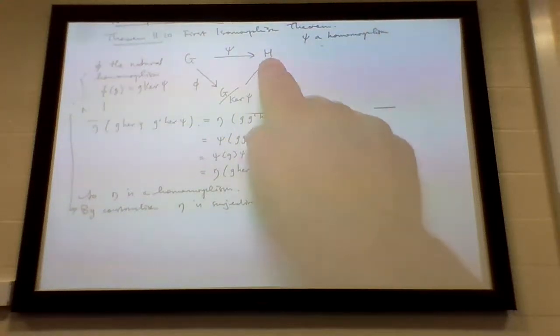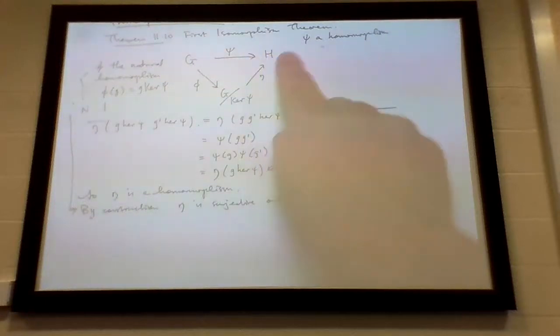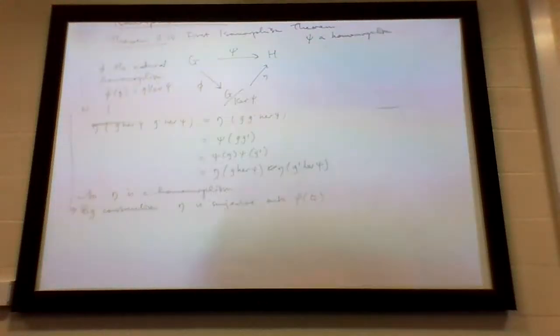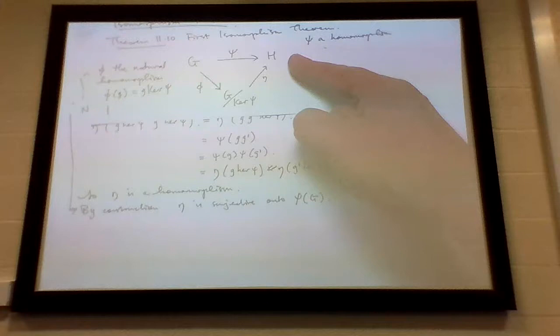So there's the image of psi, psi applied to G, some subset probably of H, but eta surjects onto that.